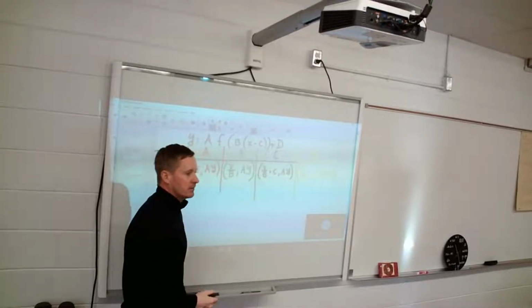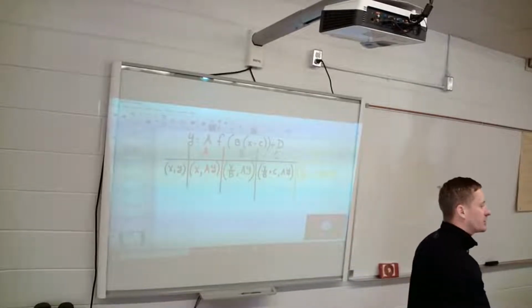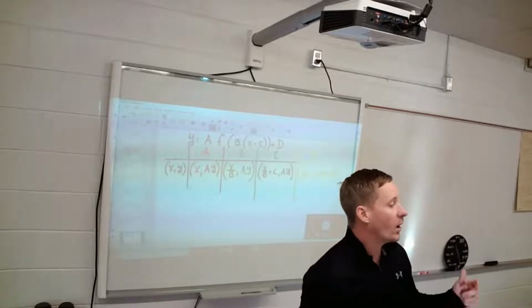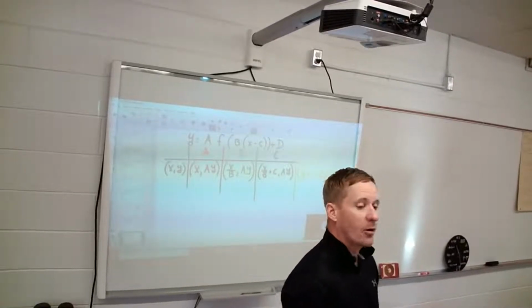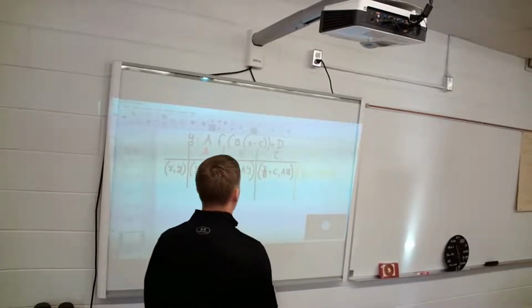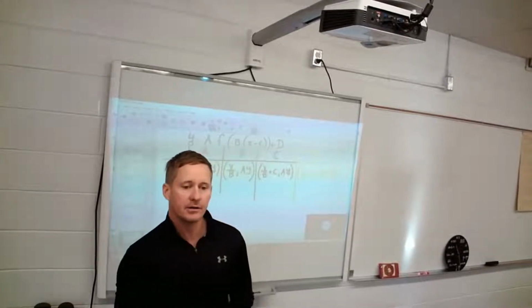My b value, I take all my original values, all my coordinates on my first graph, and I times them by 1 over b, or divide by b. So I take all my x values and I divide them by b. My c value, I take all the original x values.